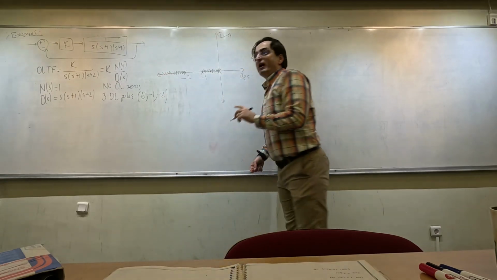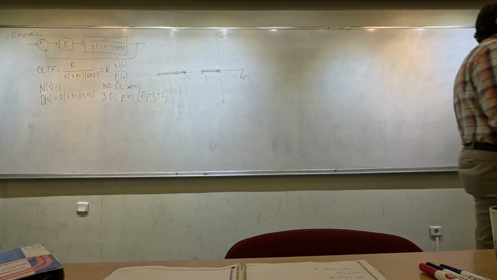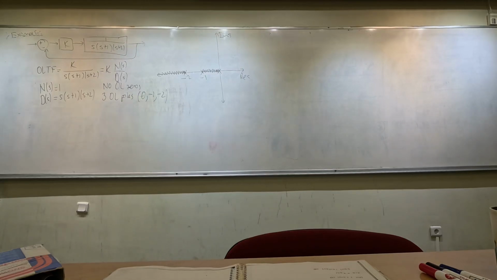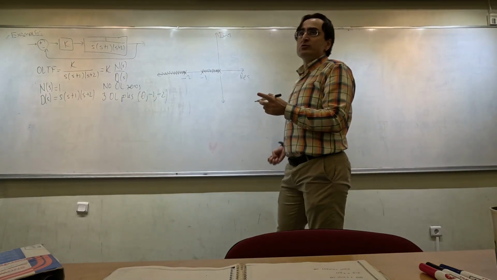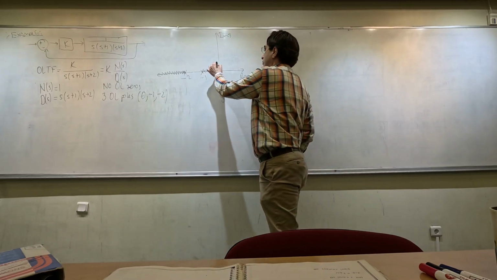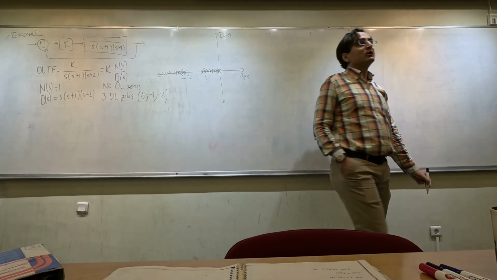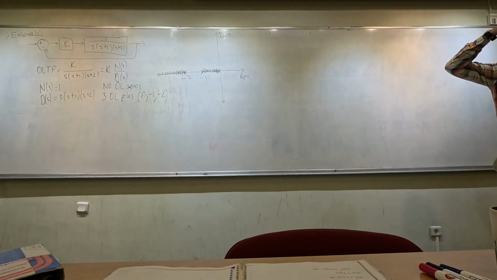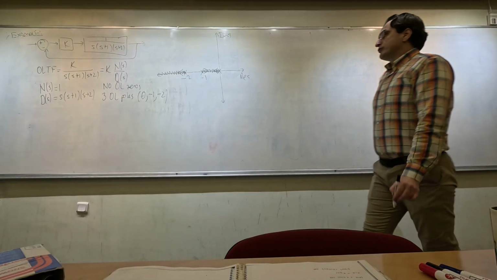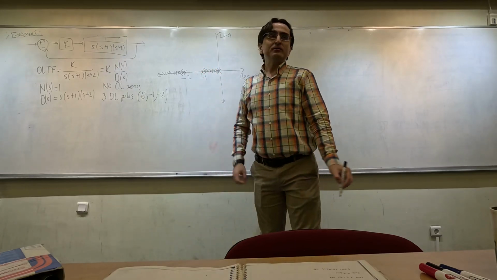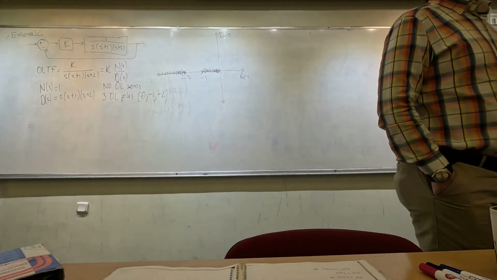So as soon as I place the real axis parts, I can put some arrows onto the root locus so that the trajectories get away from the open loop poles and get towards the open loop zeros. So I can here place some arrows getting away from the open loop poles only. So here, in this case, how many asymptotes do you expect?